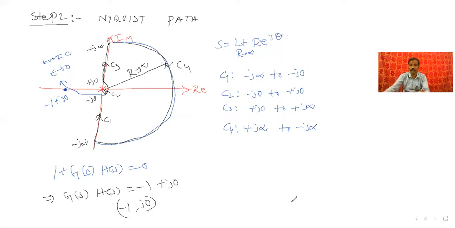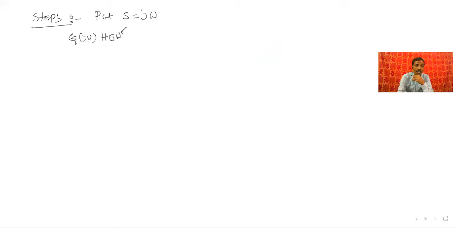Then step number 3, sinusoidal input. Step 3, put s equals j omega. For s equals j omega, the open loop transfer function G(j omega)H(j omega) equals 1 by (j omega) whole square.